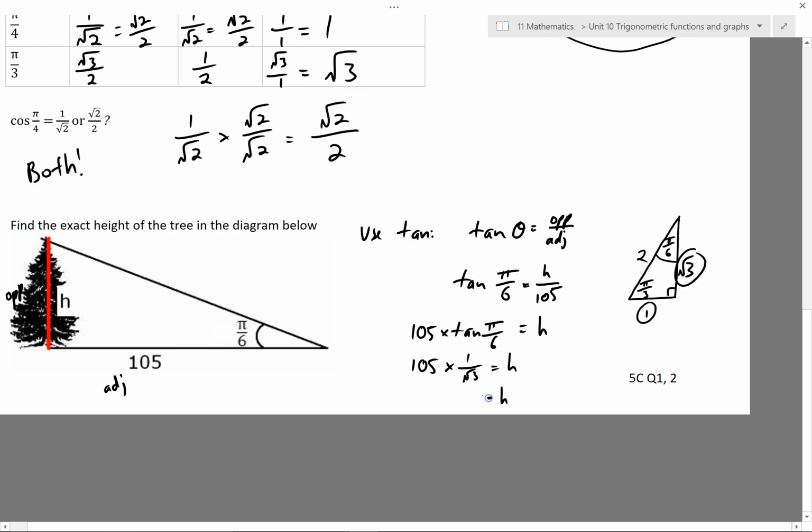So the height of the tree would be 105 on root 3. Let's just assume we're talking about meters. And that gives me the exact value without needing to use a calculator.